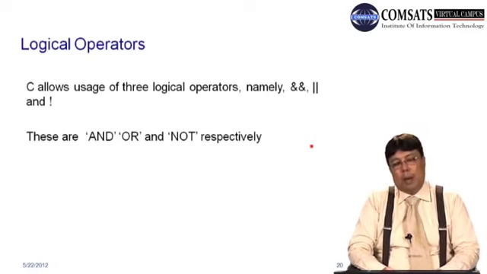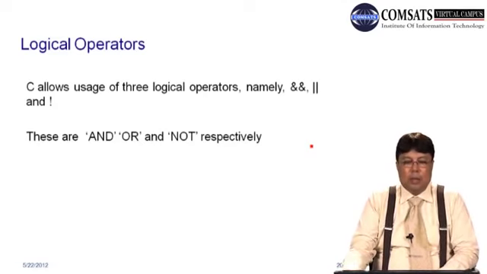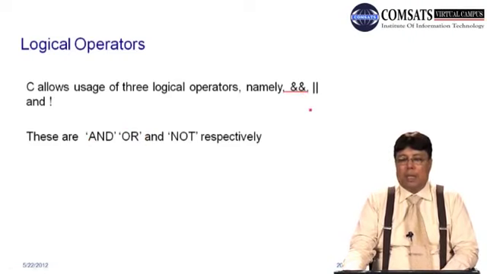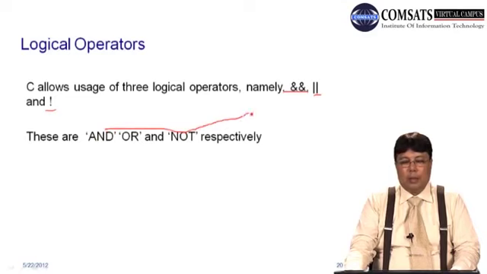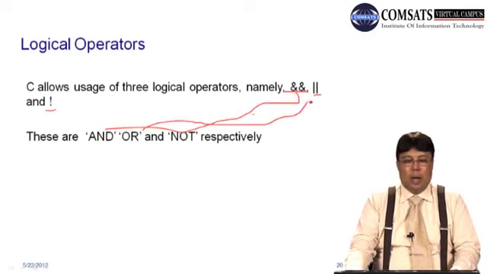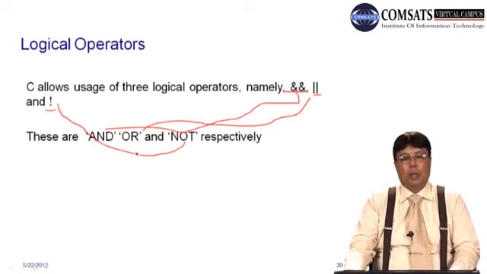We have three logical operators, which are basically the AND operator, double ampersand sign is called AND operator, double pipe is called OR operator, and this sign of exclamation is called NOT operator. AND operator is this, OR operator is this, and NOT operator is this. Okay, these are the three operators.